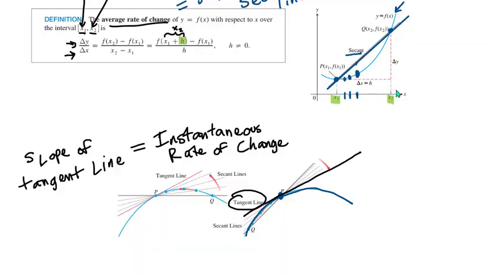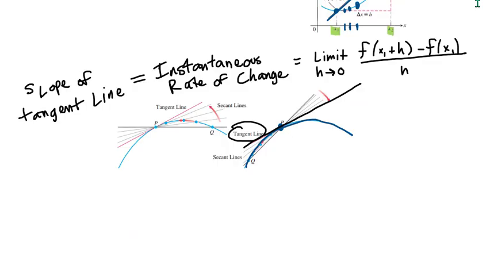So the slope of the tangent line is equal to our instantaneous rate of change. We basically take our average rate of change formula and adjust it slightly by considering that h value, that number telling us our points are really close together. We add the limit as h approaches 0 in front of our average rate of change formula to give us an instantaneous rate of change.